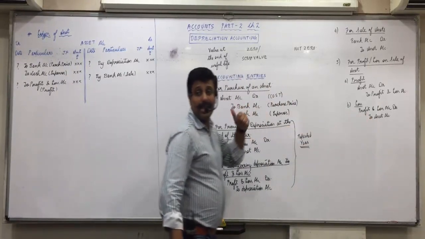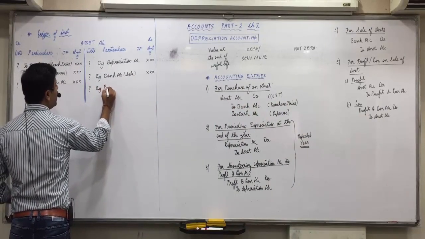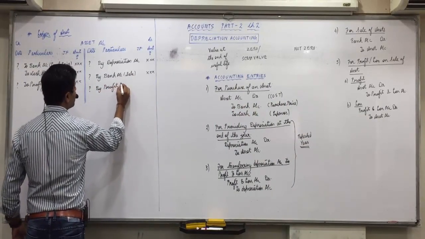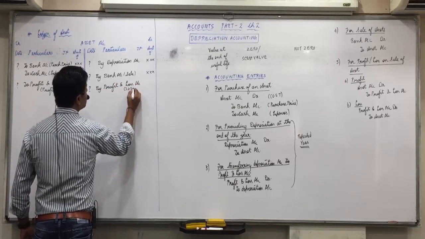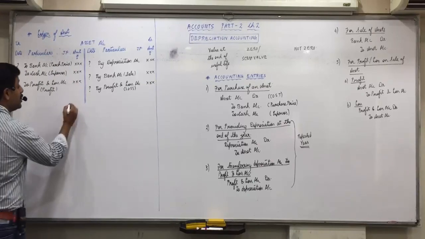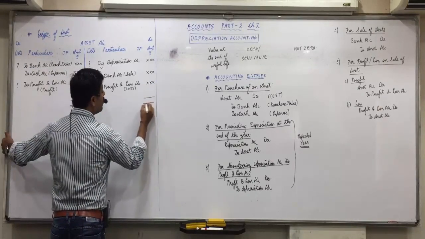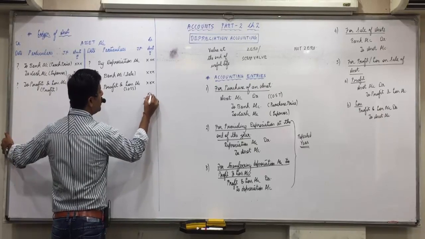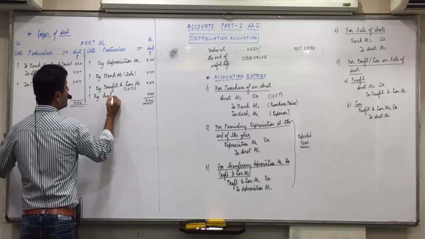To asset means in asset it will come on credit side, by profit and loss account, in bracket, loss. And generally assets would have debit balance. So debit side total will always be more. And whatever amount remains on credit side will be the closing balance, by balance carried.